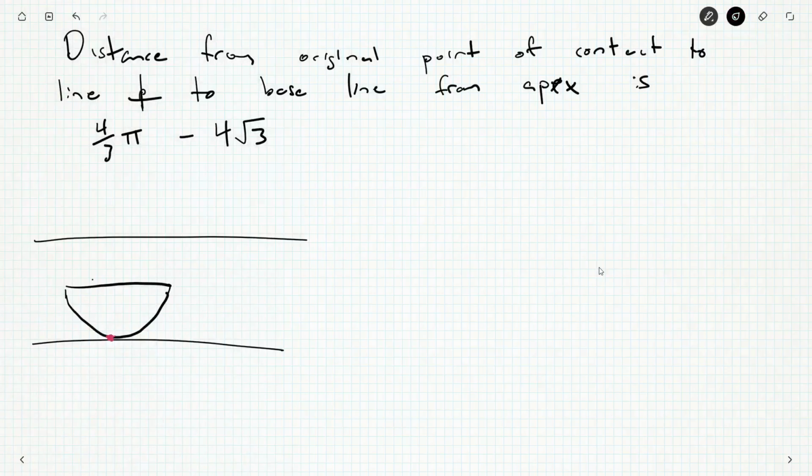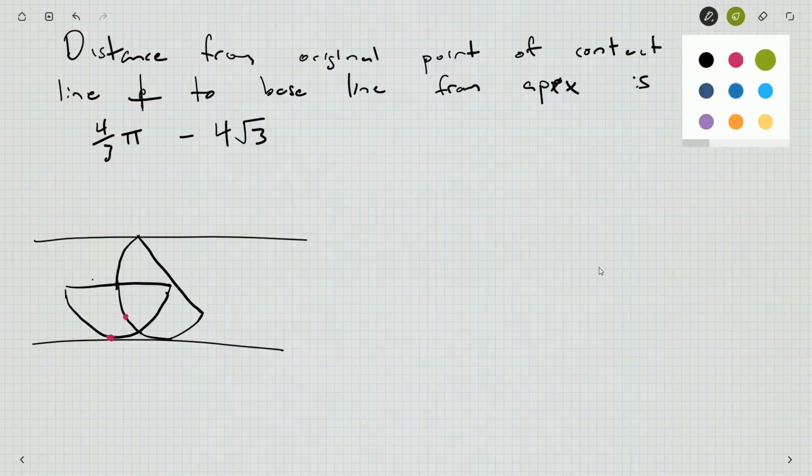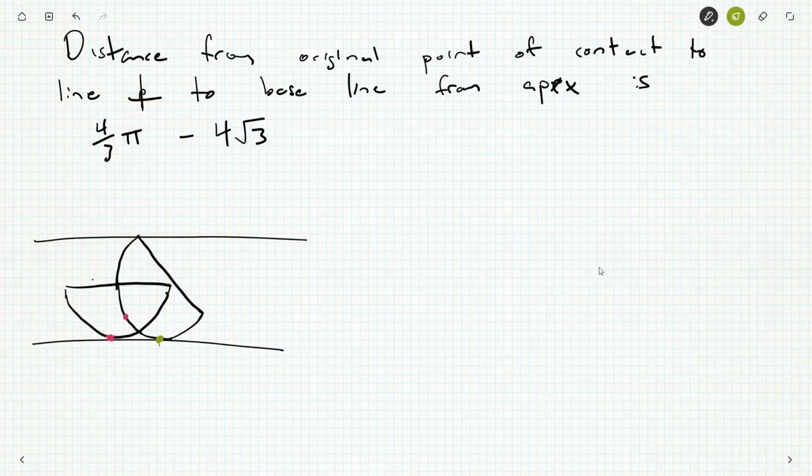And as the bowl tilts, it rolls a bit, and then eventually it looks a little something like this, with a brand new point of contact. So our original point of contact moved here, and we've got this point of contact here, which was originally here, and so this distance here is what we've calculated, the 4/3 pi. Okay?